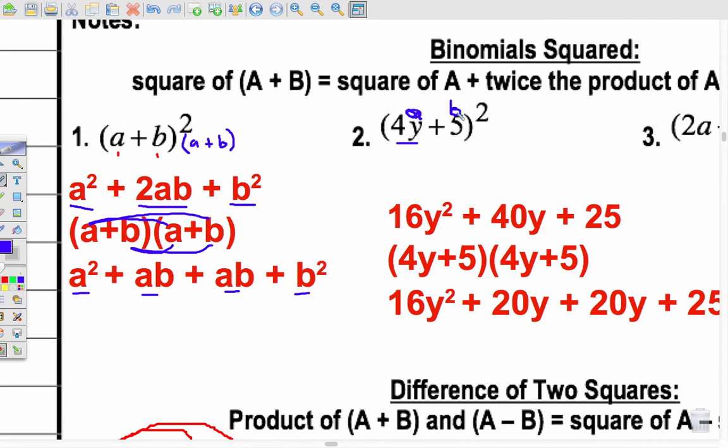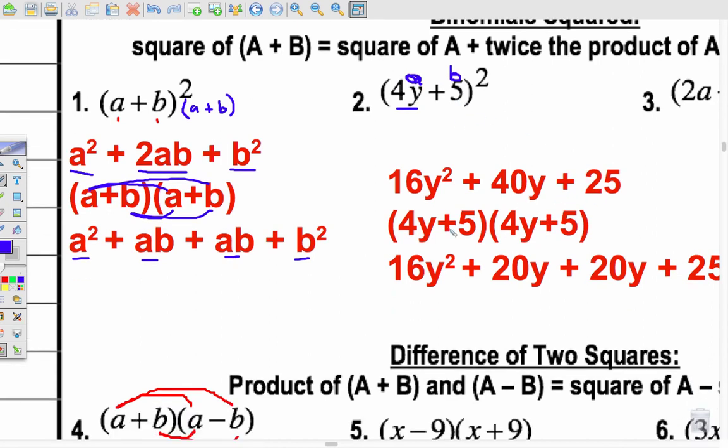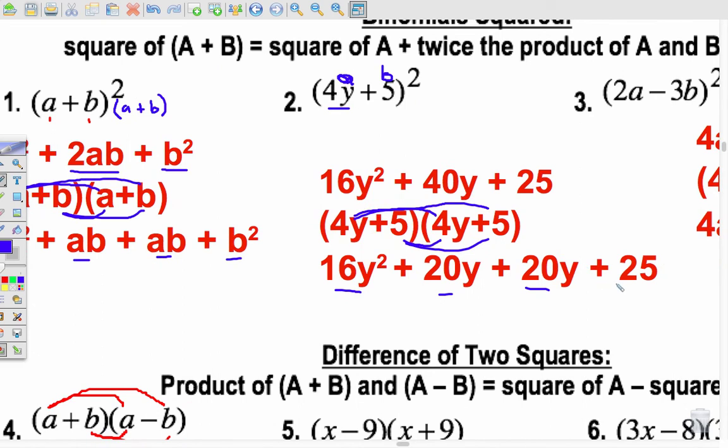It's a times b times 2. So I know it's going to be 40y, and then b squared, which is 25. What I'm really doing here is 4y times 4y, 16y squared. 4y times 5, that's 20y. 5 times 4y is 20y. And then 5 times 5 gives me 25. Combine those to get 40y.